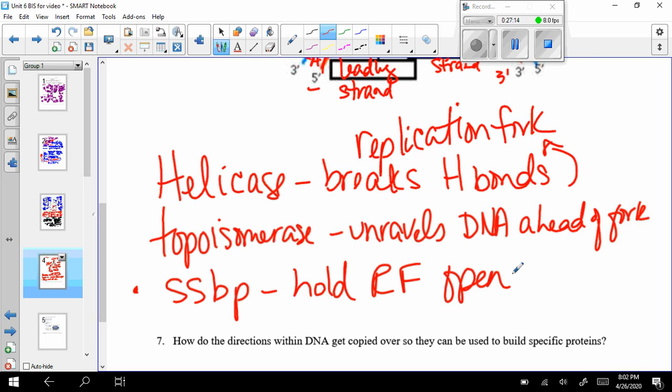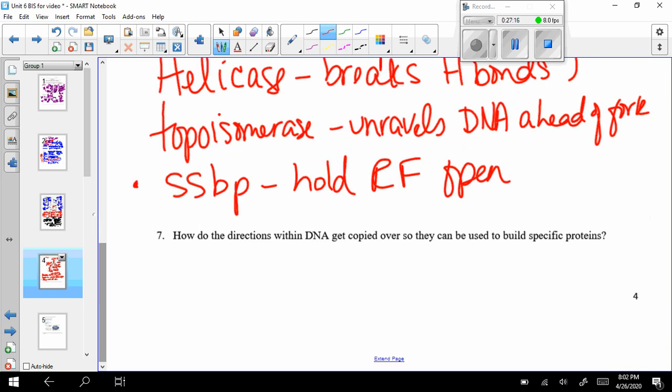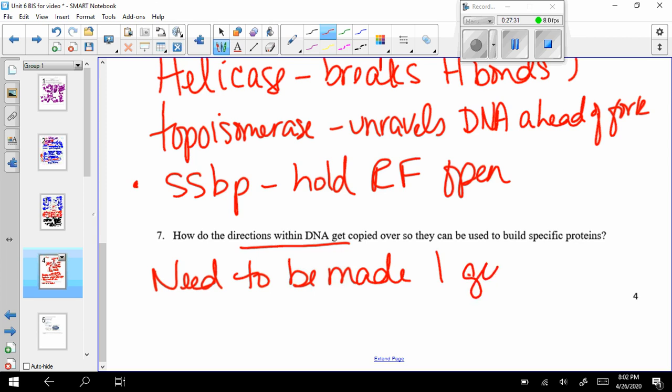All right, how do the directions within DNA get copied over so that they can be used to build specific proteins? The directions within the DNA need to be made one gene at a time. Sorry.